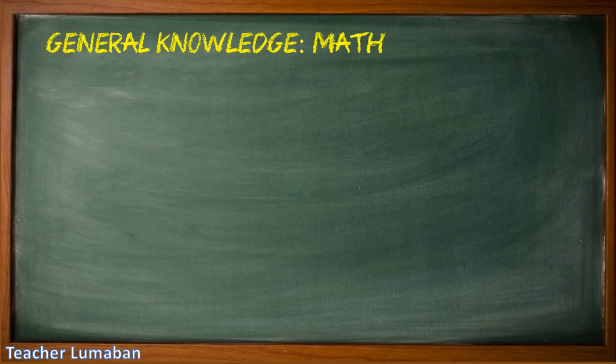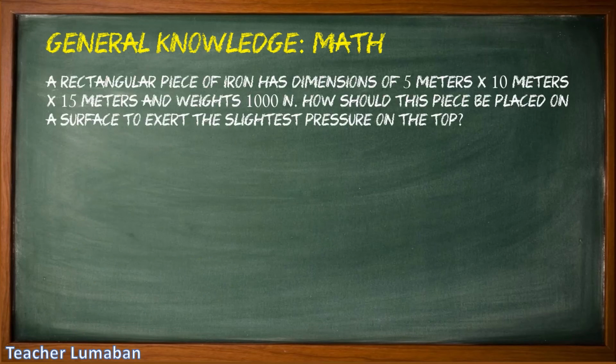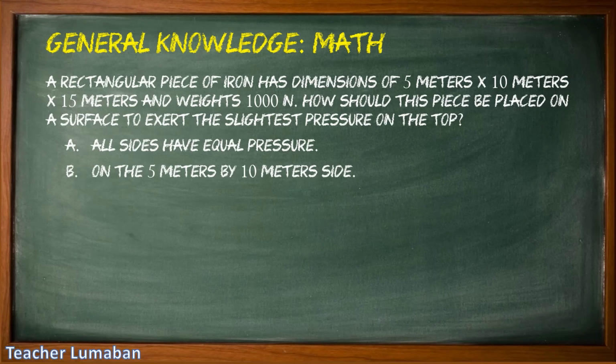A rectangular piece of iron has dimensions of 5 meters by 10 meters by 15 meters and weighs 1000 N. How should this piece be placed on a surface to exert the slightest pressure on the top? Letter A, all sides have equal pressure. Letter B, on the 5 meters by 10 meters side.